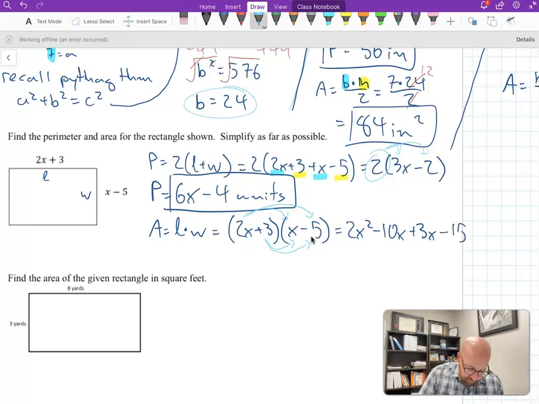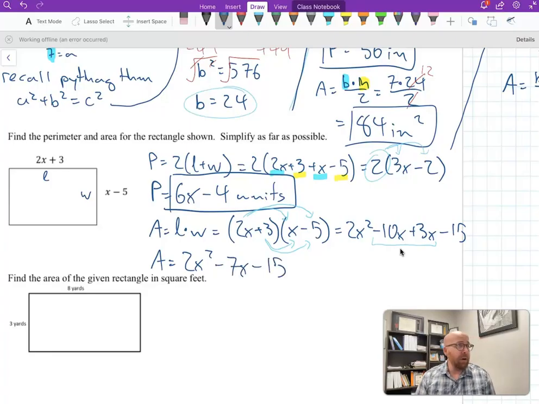And my like terms are in the middle. And so this will tell us that our area is equivalent to 2x squared, negative 10x plus 3x is a negative 7x, minus 15. And we're going to call this units squared.